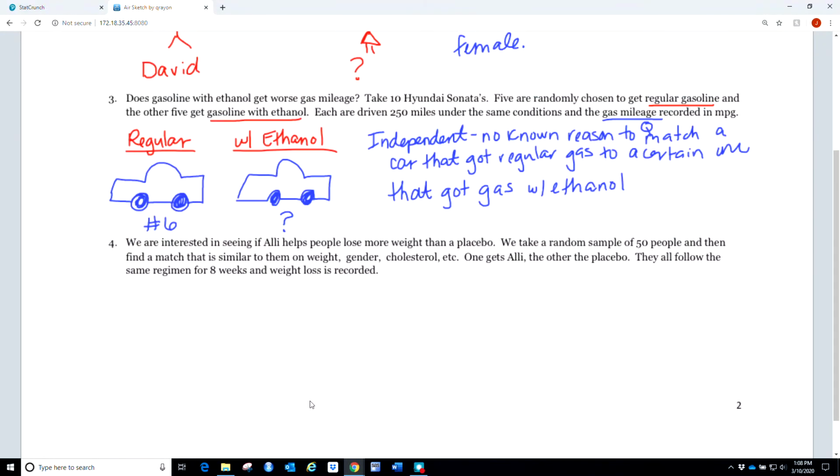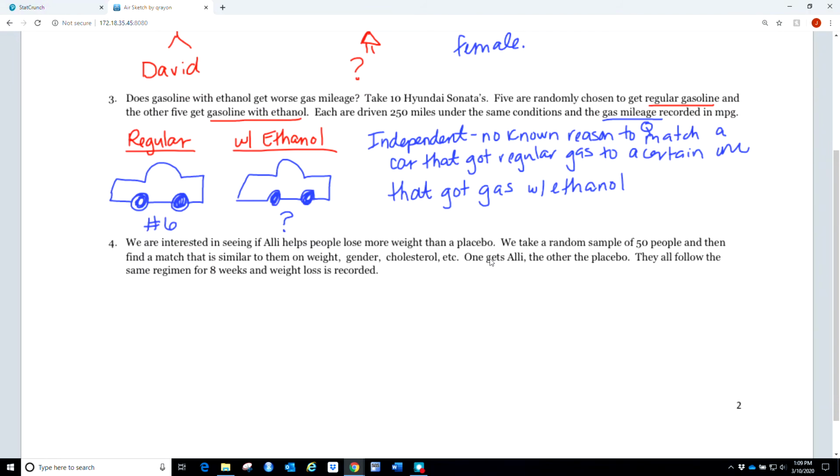All right, in the 4th example, we would like to see if Alli helps people lose more weight than a placebo. A placebo is just an inactive pill that doesn't have any active ingredients in it, to make people think they're taking something. So we took a random sample of 50 people, and then we found a match that is similar to them on weight, gender, cholesterol, and apparently some other things as well.